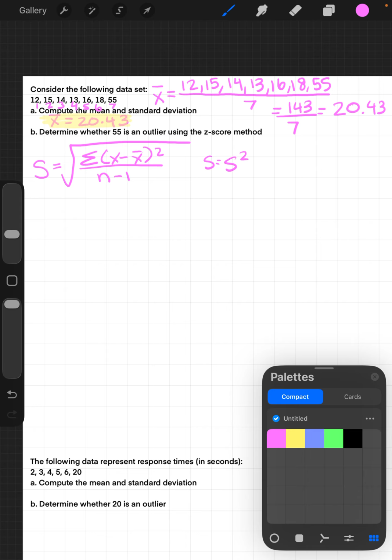So we're gonna find the variance first, and to find the variance, we're gonna make a table, with x, and x squared.